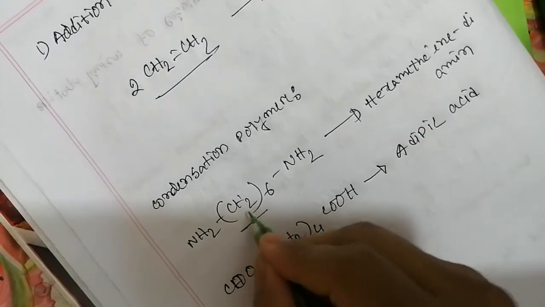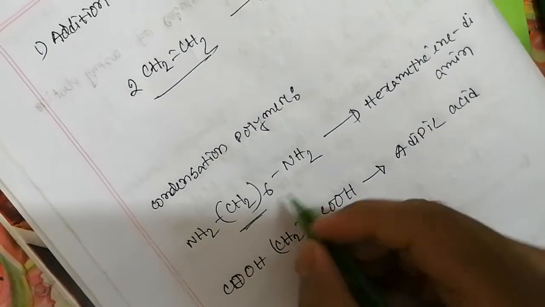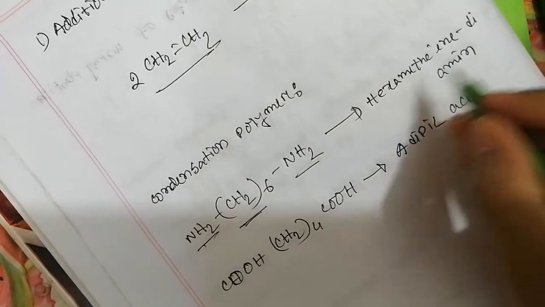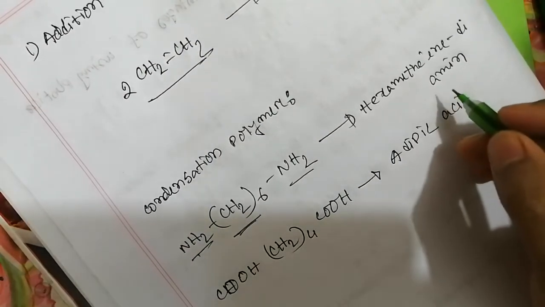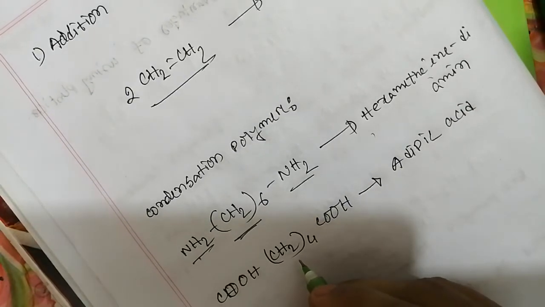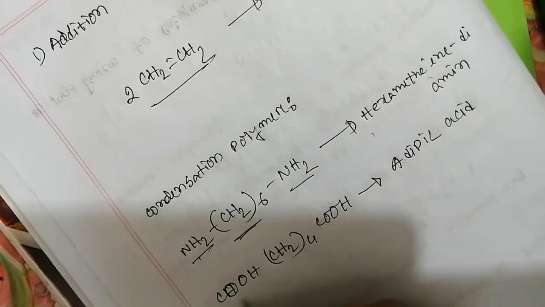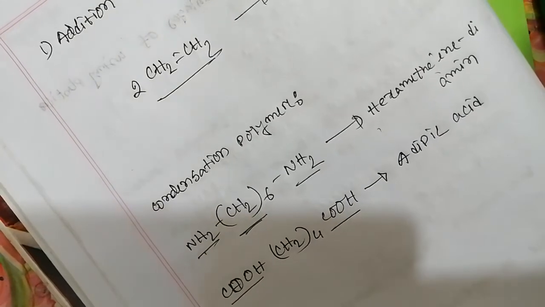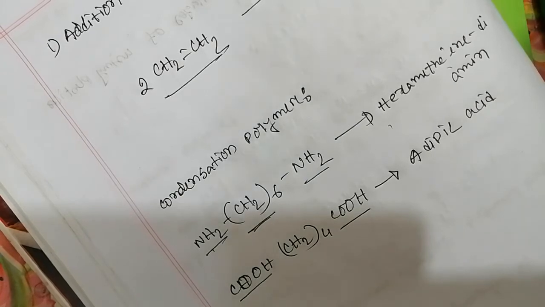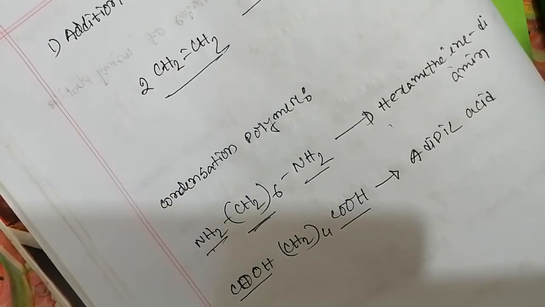Hexamethylene, this radical is called methylene radical, and two amine radicals are here. That's the name of this compound, hexamethylene diamine. And here two molecules of organic acid or fatty acid radical are present. This compound is called adipic acid.